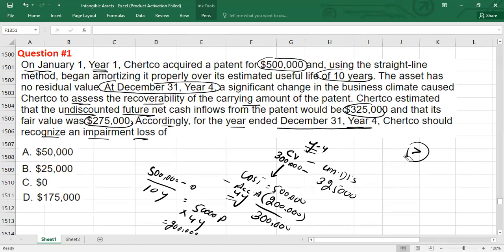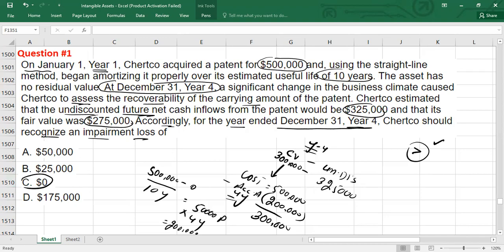If carrying value is greater than undiscounted cash flows, then there is impairment. If carrying value is less than undiscounted cash flows, then there is no impairment. So how much impairment loss you will book? Zero. There is no impairment because carrying value is less than undiscounted cash flows. It means your asset is not overstated at all.